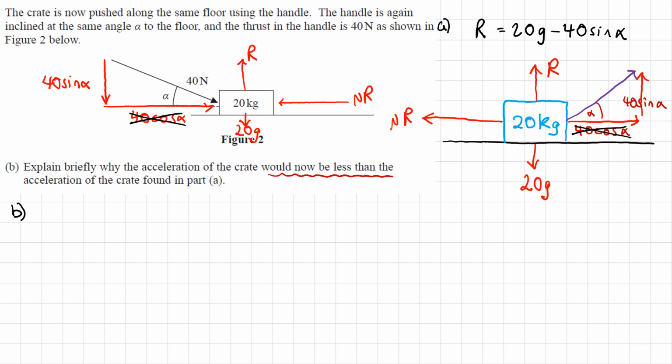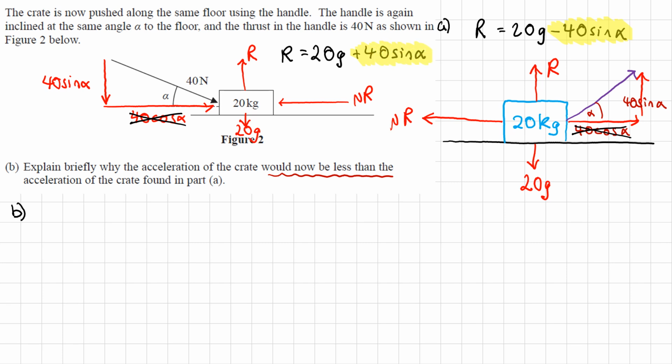Okay, let's look at how we work out R over here. So R, so I'm resolving vertically, is equal to 20g plus 40 sine alpha. Right, okay, so when I did part A, it was 20g minus 40 sine alpha to get R. In part B, it's 20g plus 40 sine alpha.